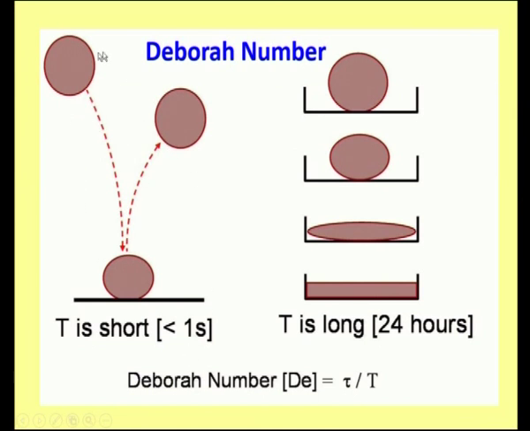Now, if you drop an elastic ball or a viscoelastic material, and you give a very short observation time, that is less than 1 second, then it can bounce back. Whereas, if you drop that and leave sufficient time, for 1 day, you could see that the viscoelastic material slowly changes its shape, it flattens out.